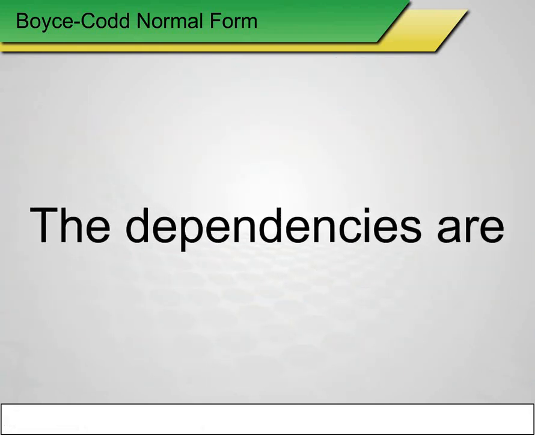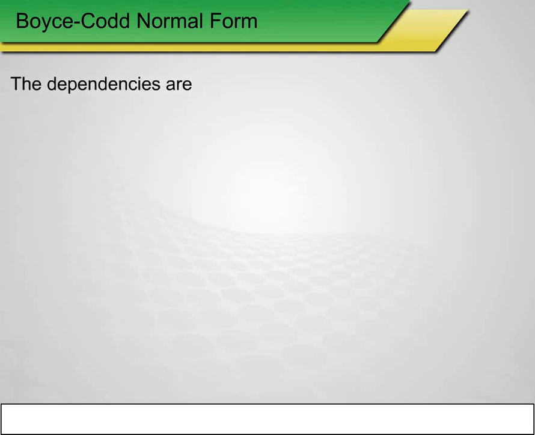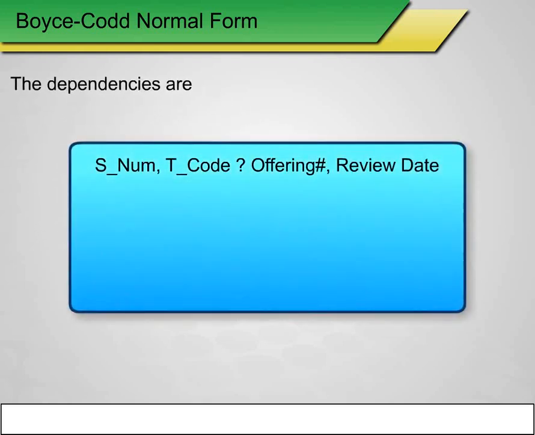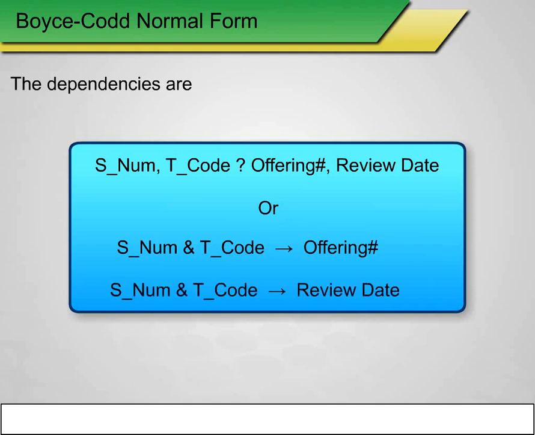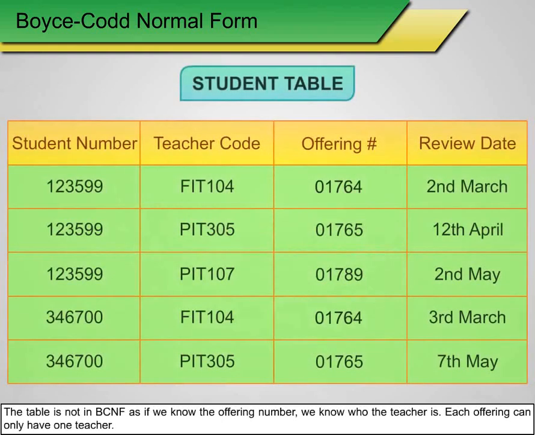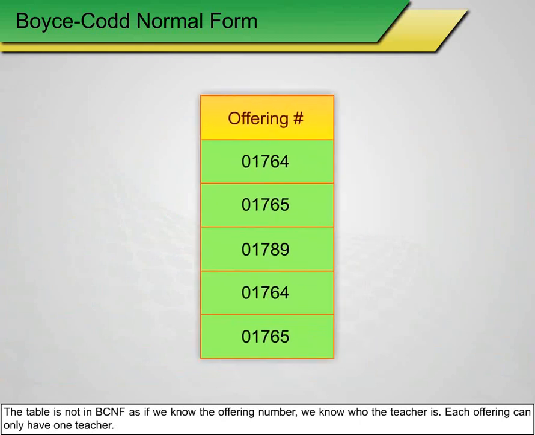The dependencies are: SNUM and T-code imply offering, and SNUM and T-code imply review date, which means that the table is in third normal form. The table is not in BCNF, as if we know the offering number, we know who the teacher is. Each offering can only have one teacher.